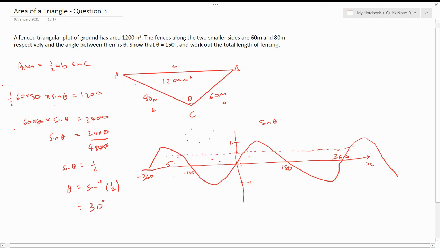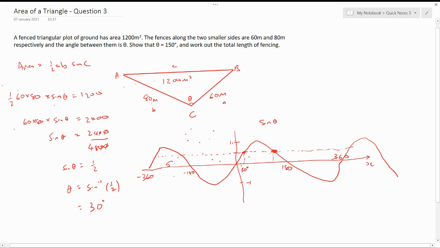What you have been used to in your GCSE days is just going to the first solution there, which is the one that's calculated for you on your calculator, and that's 30 degrees. However, it's also cut the curve here. So it's cut the curve there and there. So that's also a solution.